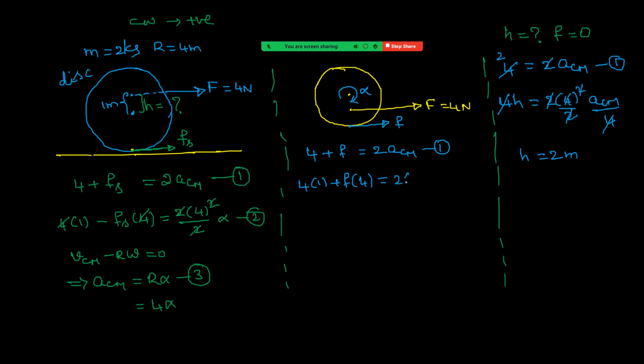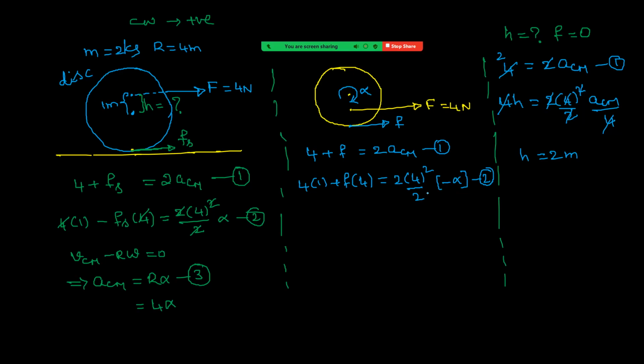So M R square by 2 into alpha, I am writing here minus alpha. Why minus alpha? Because alpha is now clockwise but the torque is anti-clockwise. That's why if this is positive, alpha must be negative.